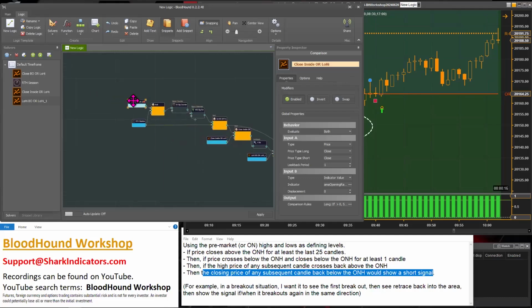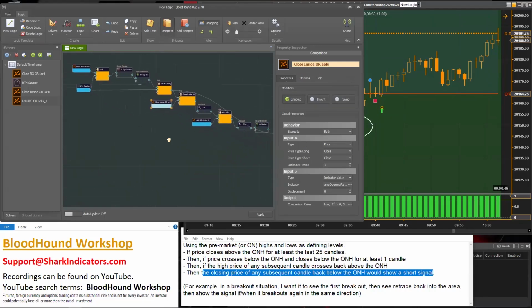Same with the very first comparison node here, we're using the closing prices, but the outputs are the opposite of what we used down here. But we're going to use this exact condition again here, so I don't want to make a copy of it because I don't need a duplicate. I'm just going to reuse this node again, but not as a copy.